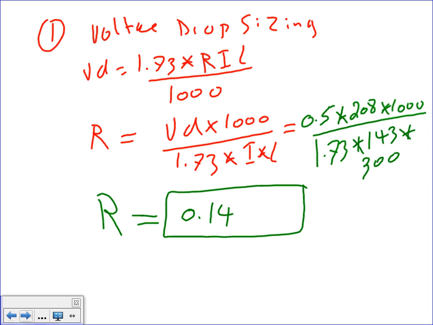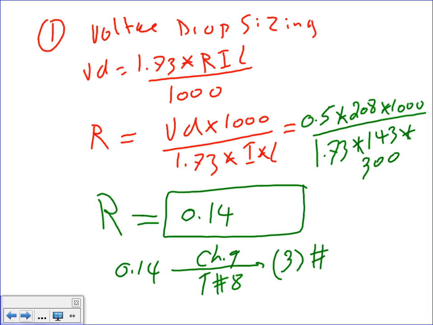Okay, 0.14 agreed. All right, so let's go to 0.14. Take it again to chapter 9, table 8, in the NEC code book. Everybody knows the NEC code book, right? That will give me what? How many conductors? 3 conductors. Number 1 aught. Agree with DJ? Okay, 1 aught.